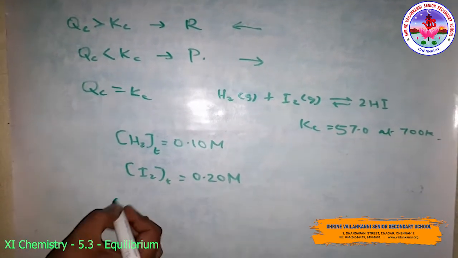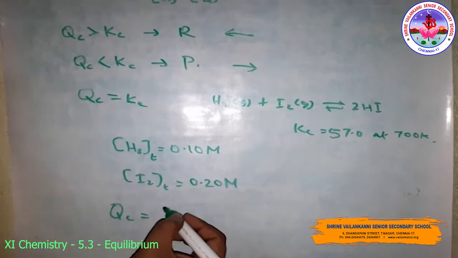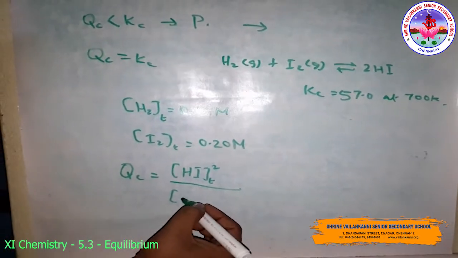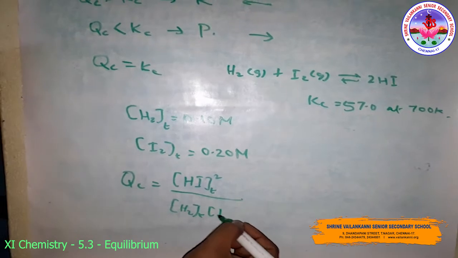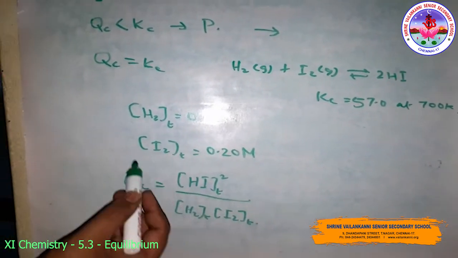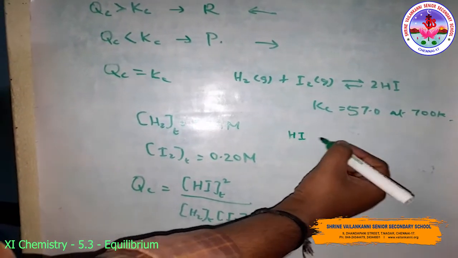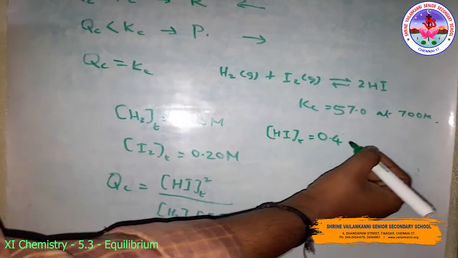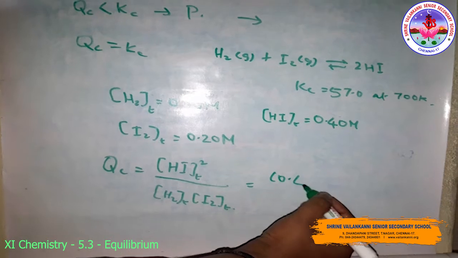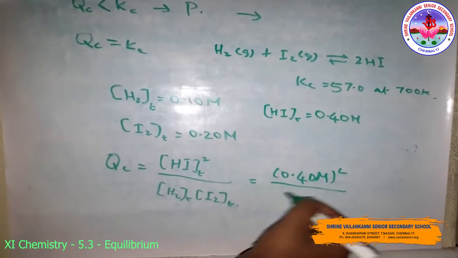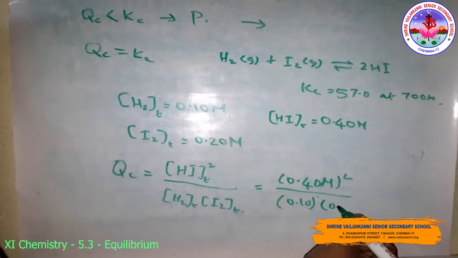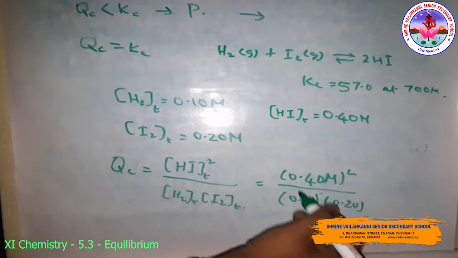At this stage of the reaction, Qc equals concentration of HI at time t squared, divided by concentration of H2 at t times concentration of I2 at t. The concentration of HI at time t is 0.40 molar. Substituting these values, we get 0.40 squared divided by 0.10 times 0.20.